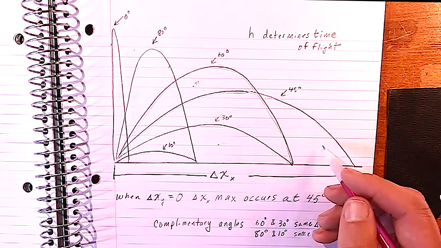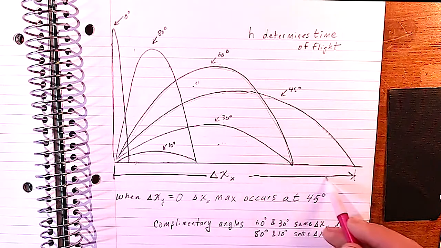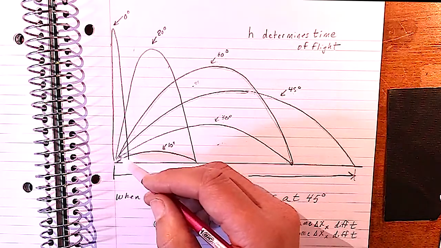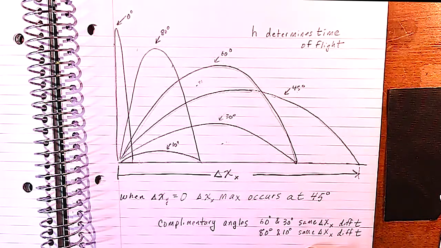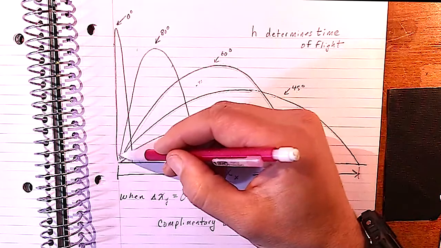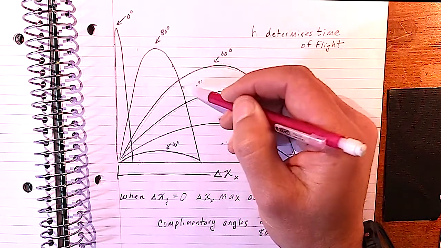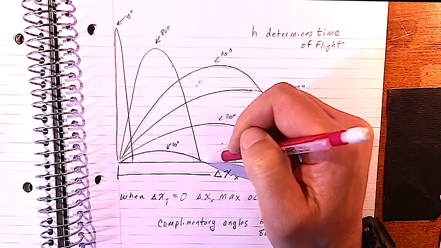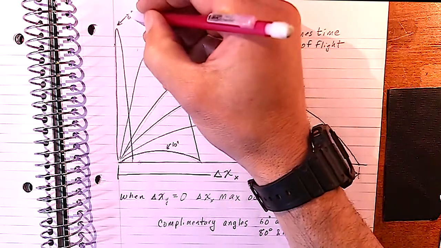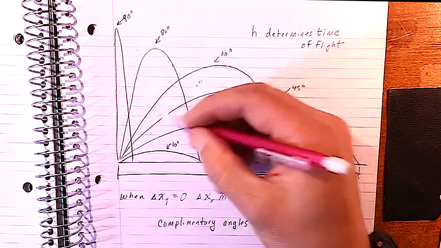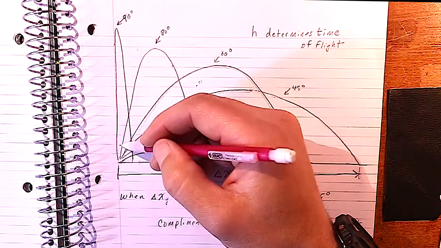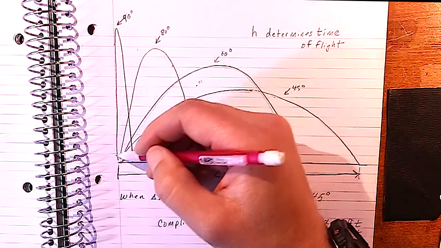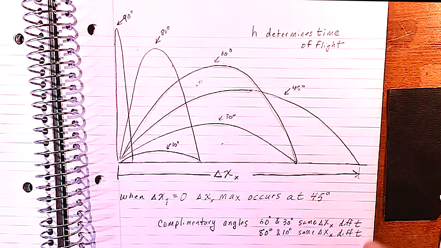And as we saw in the last derivation, the maximum horizontal displacement occurs at 45 degrees. That's when the components v naught x and v naught y are equal. As we begin to go higher, the time of flight is longer, but the horizontal displacement starts to get shorter. And when we launch it at, I should have said 90 degrees, when it's launched straight up, we get the longest time of flight, we get the greatest height, but we get no horizontal displacement.